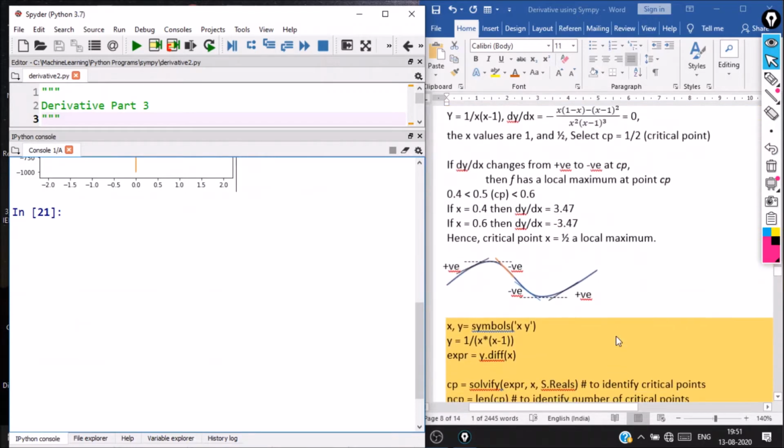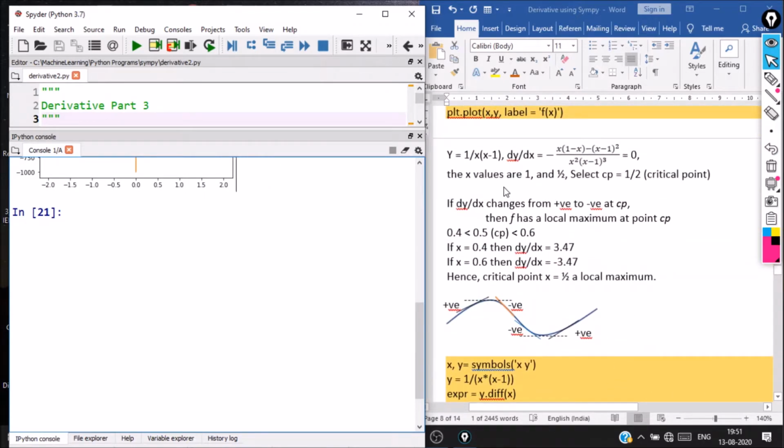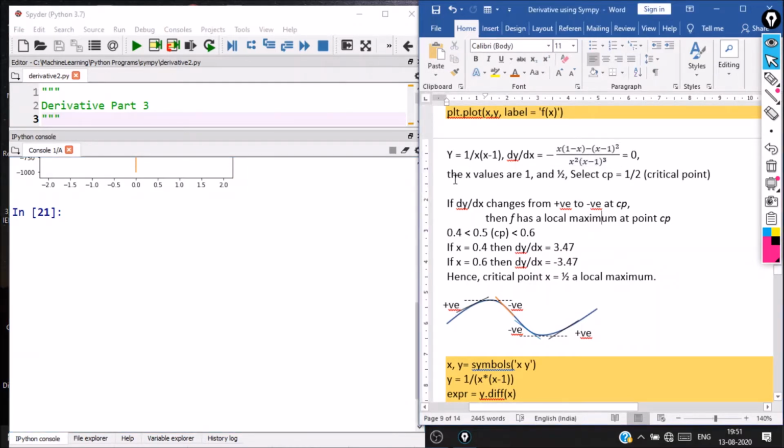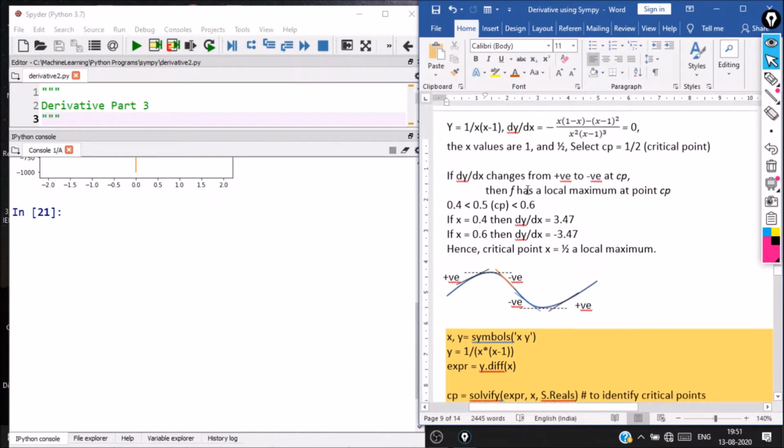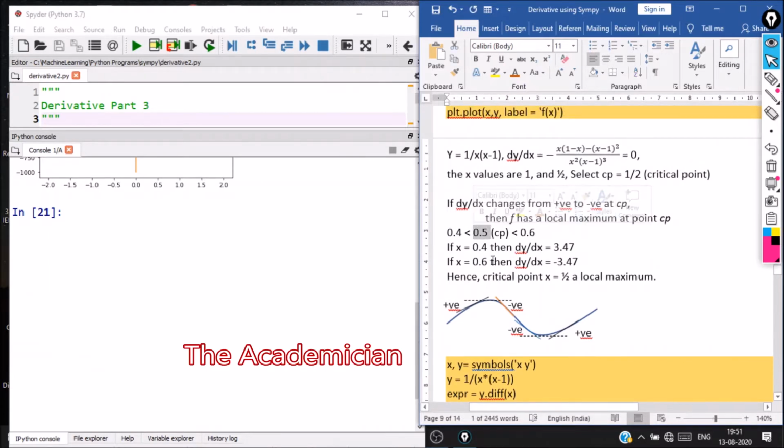Okay, next, the function is y is equal to 1 by x into x minus 1. So this is our dy/dx, and if it is equal to 0, then the x values are 1 and 1 by 2, but we select the critical point 1 by 2. Now already you know, if dy/dx changes from positive to negative at Cp, then f has a local maximum at point Cp. The critical point is 1 by 2, 0.5.